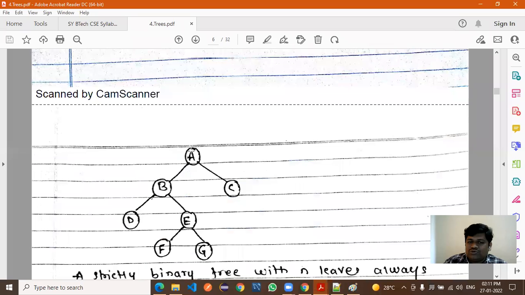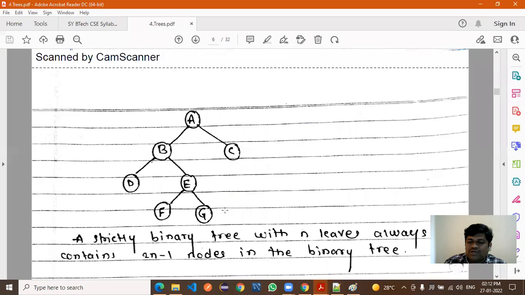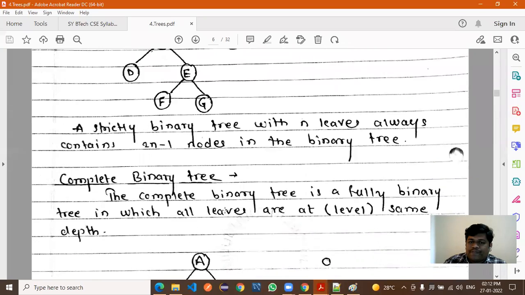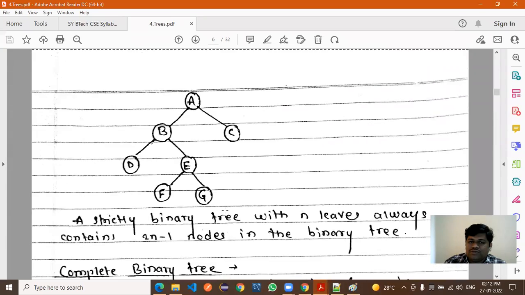Now this root is having how many children? 2, right? And B is having how many children? 2. And E is having how many children? 2. Right? So either 0 or 2.